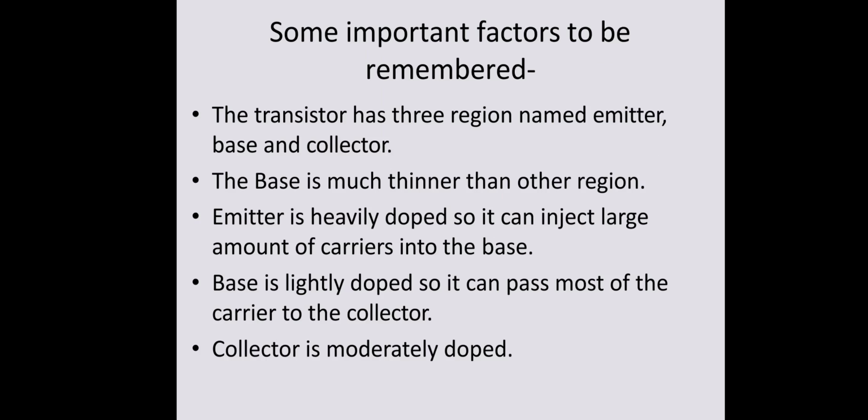Next, some important factors to remember. The transistor has three regions named emitter, base and collector. The base is much thinner than the other regions, as we saw in the figure. The emitter is heavily doped, so it can inject a large amount of carriers into the base. The base is lightly doped, so it can pass most of the carriers to the collector.